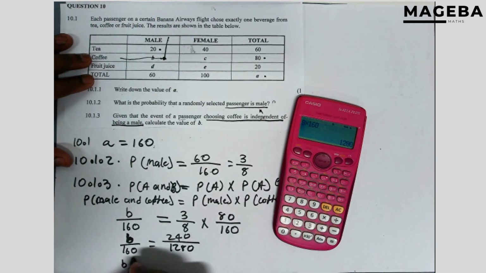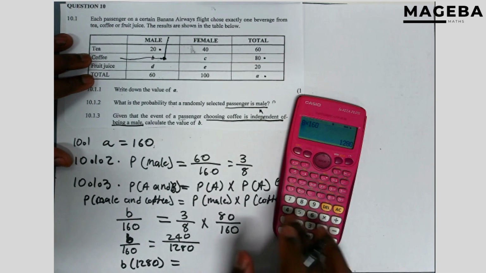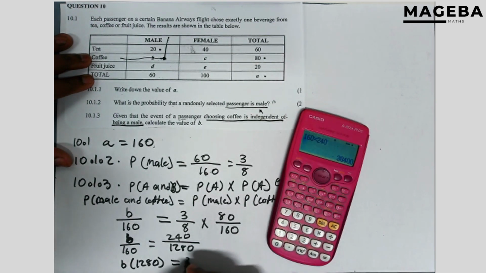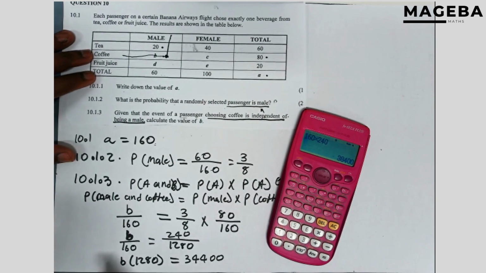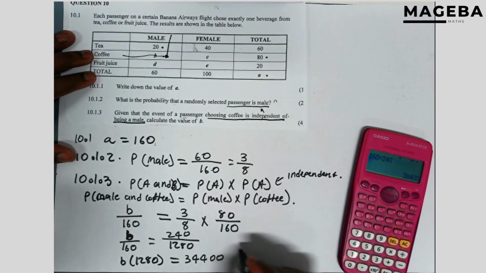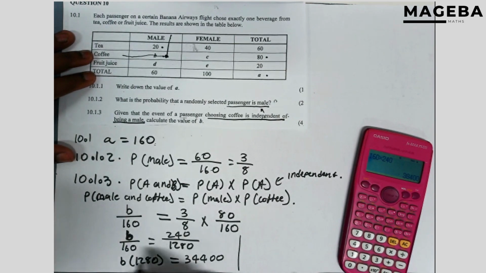We're going to have B times 1280 equals 160 times 240, which is 38400. Then from here we divide by 128 on both sides.